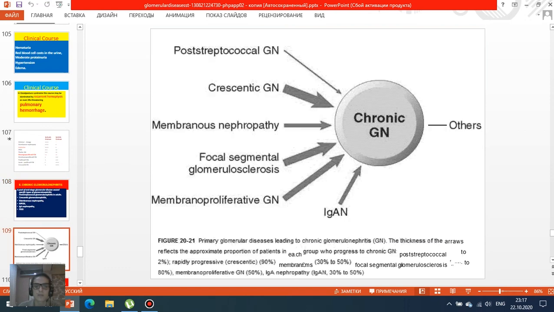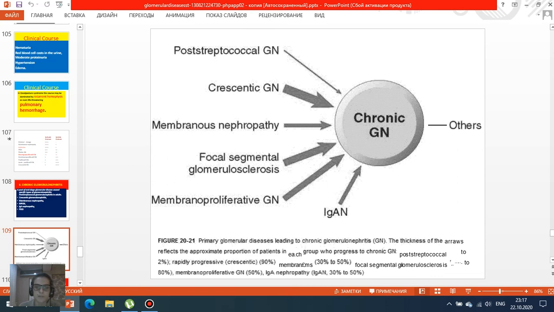So, primary glomerular diseases leading to chronic glomerulonephritis may be post-streptococcal glomerulonephritis, crescentic glomerulonephritis, membranous nephropathy, focal segmental glomerulosclerosis, membranoproliferative glomerulonephritis, IgA nephropathy, and others.